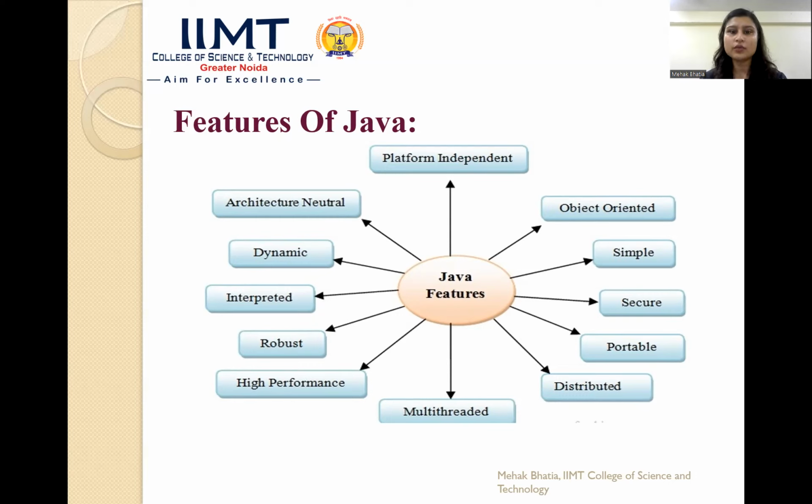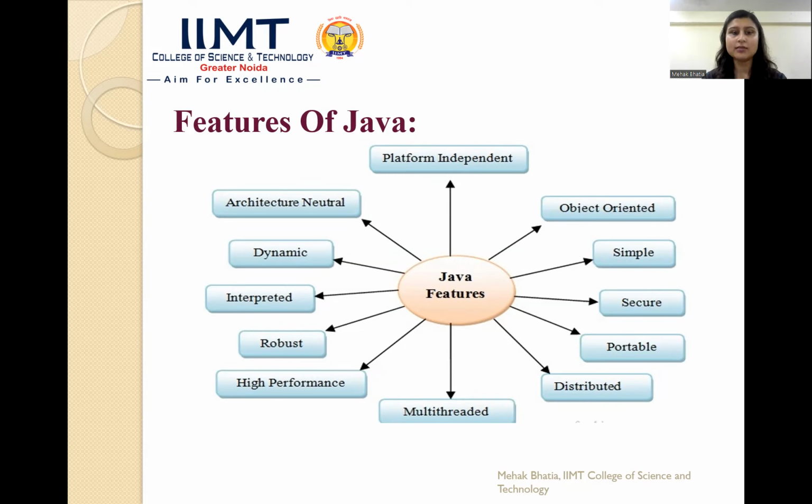Number one is platform independent. Second is object oriented, simple, secure, portable, distributed, multi-threaded, high performance, robust, interpreted, dynamic, and architectural neutral. These all are the features of Java which we are going to discuss in detail.